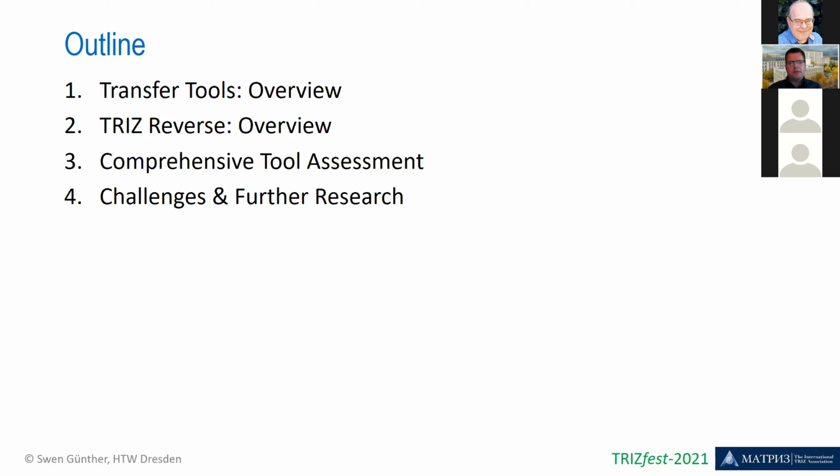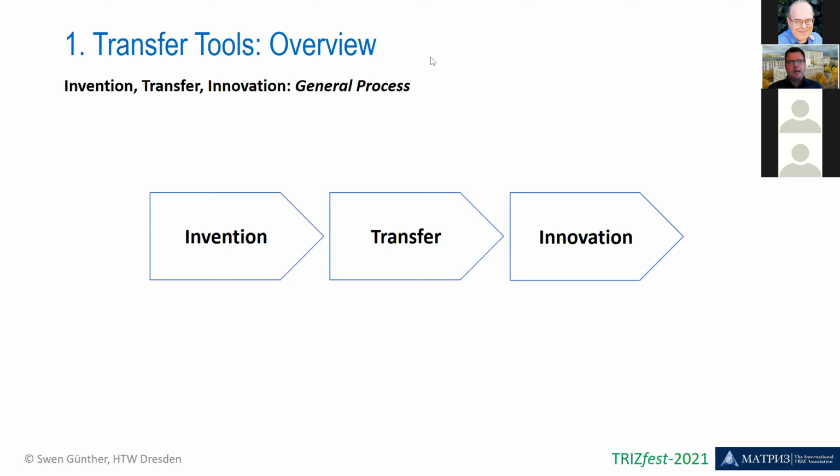Before we start with the transfer tools, I would like to start with this introduction. So what we are talking about, this is the general process with the 3 steps: invention, transfer, and innovation. And the TRIZ toolset, main of the tools of TRIZ, standard TRIZ, could be linked to the first step, invention.